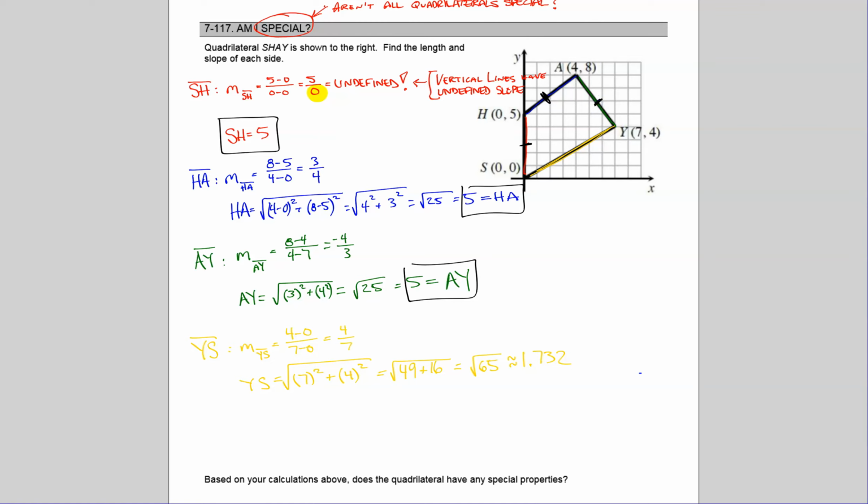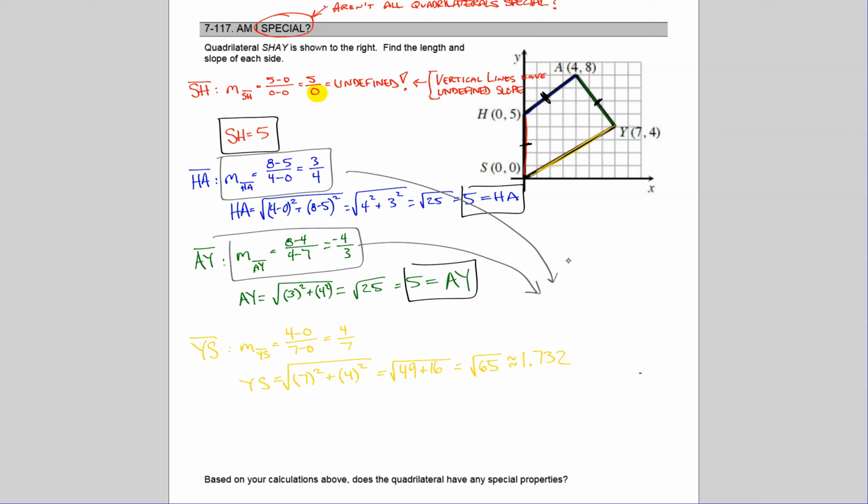Now let's take a look at some of the slopes here. I see the slope of HA is 3/4, and the slope of AY is -4/3. Let's take a quick look at these over here.